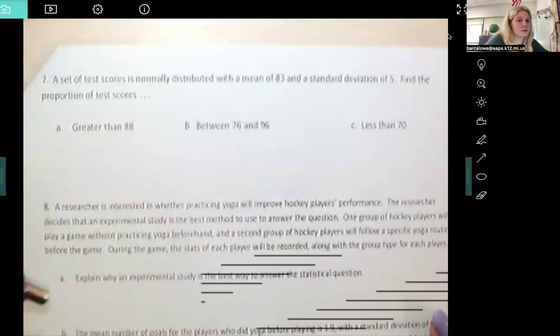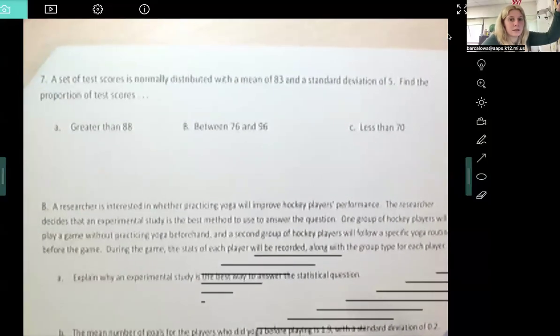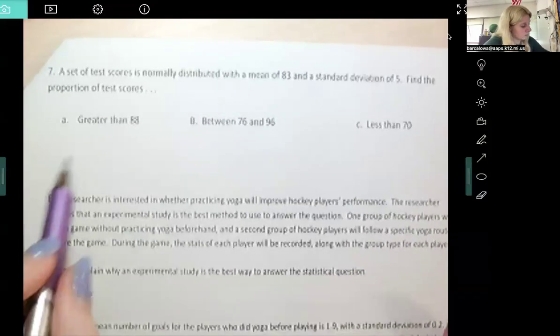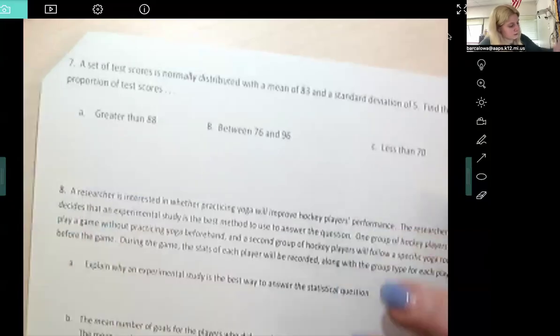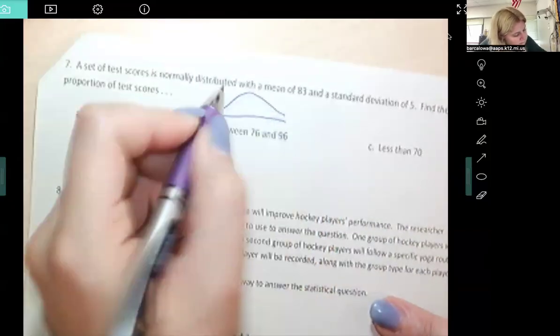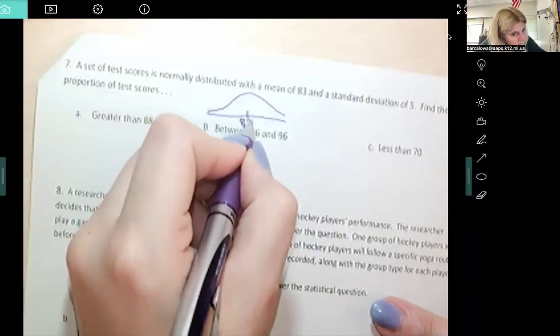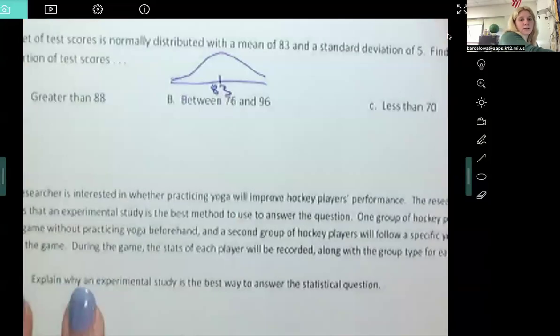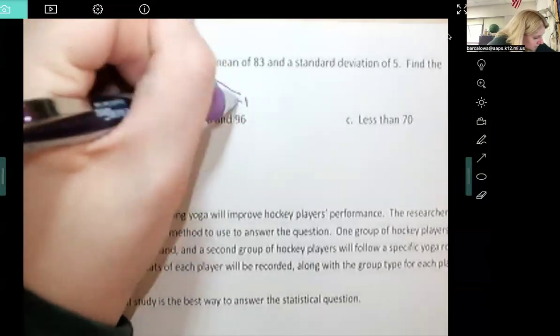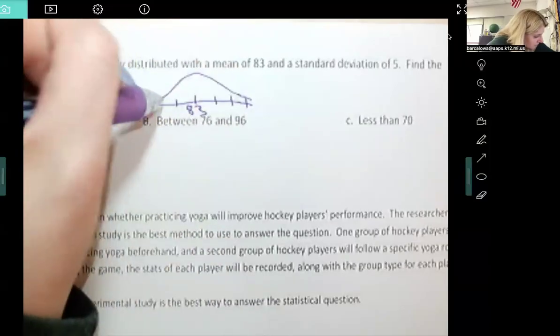A set of test scores is normally distributed with a mean of 83 and standard deviation of 5. Find the proportion of test scores above... Okay, I'm going to draw a really quick sketch. Okay, 83 is right in the middle. My standard deviation is 5. 1, 2, 3. I have to make this a little bigger.